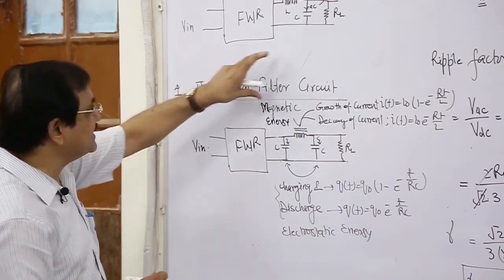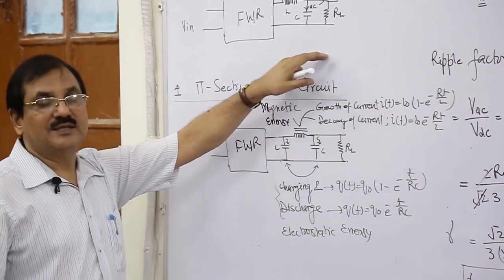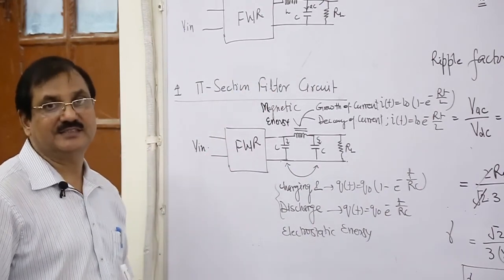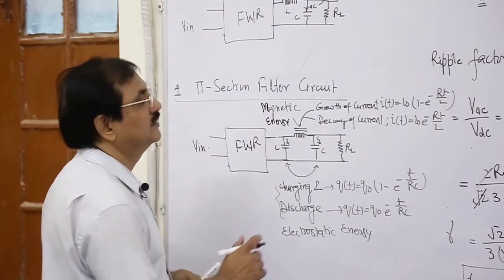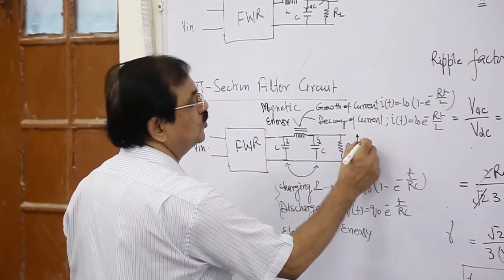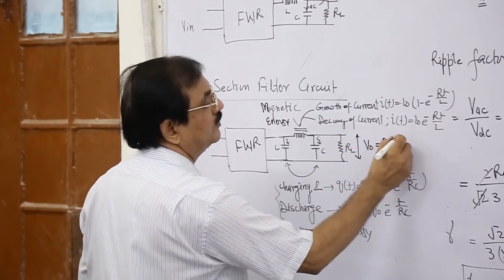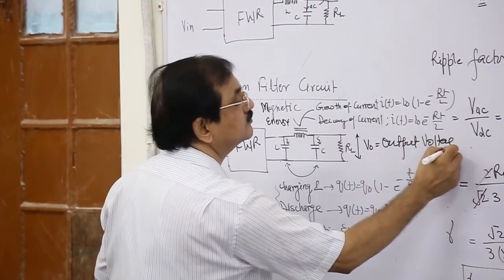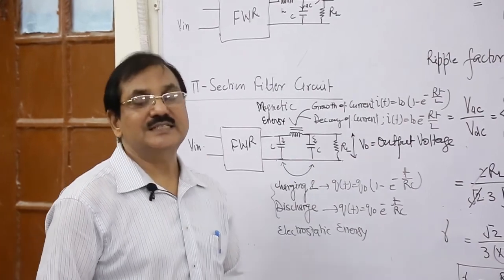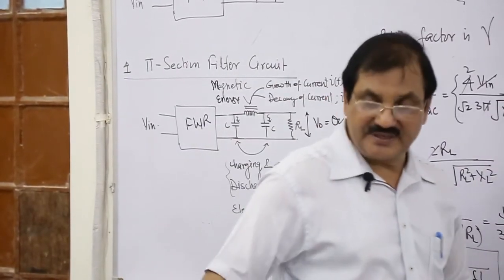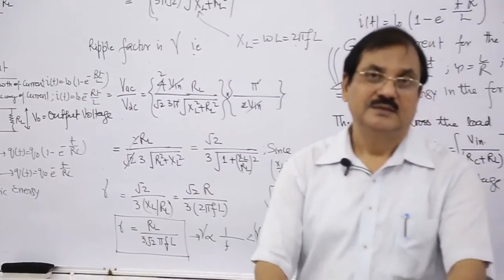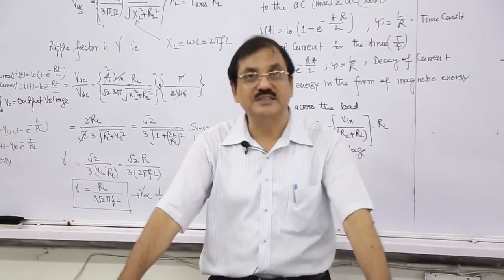So this pi section filter is the best filter circuit in order to remove the ripple factors and to get this VO output voltage. So in this way we can reduce the ripples by using the filter.